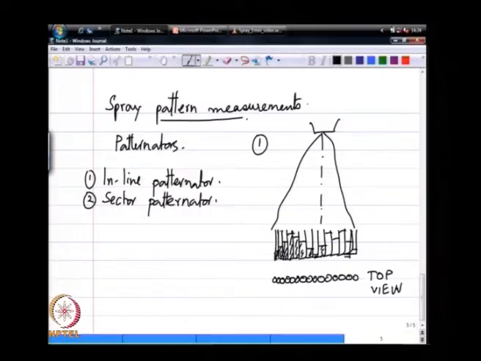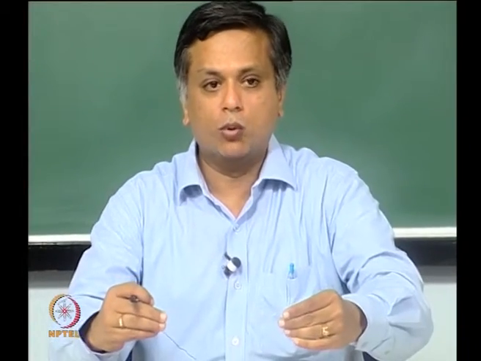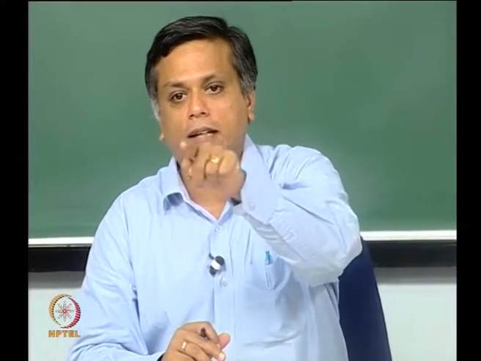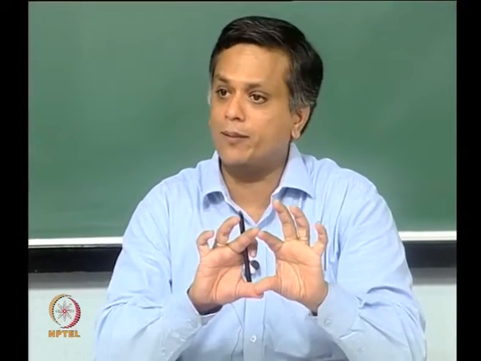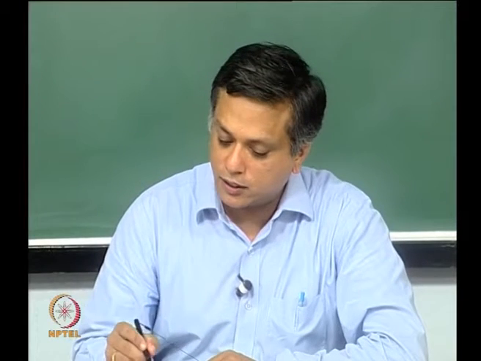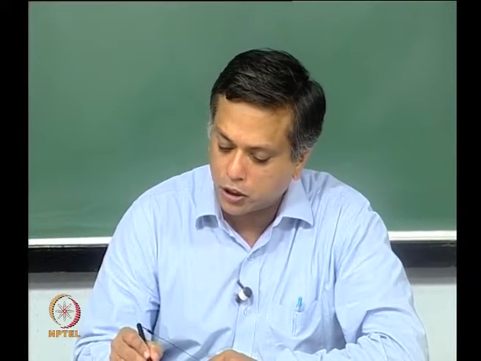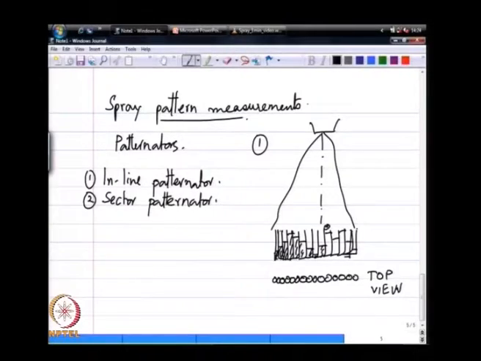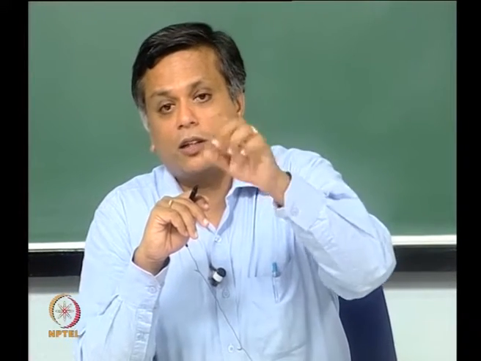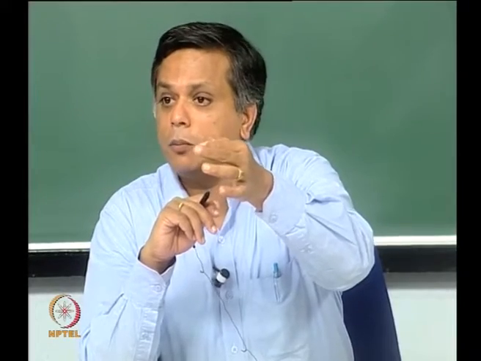So, I take a row of tubes, move them into the spray, and then let volume be collected in the tubes for a fixed period of time. Since the tubes are all of the same cross sectional area, what I have measured is the volume per unit cross sectional area per second.